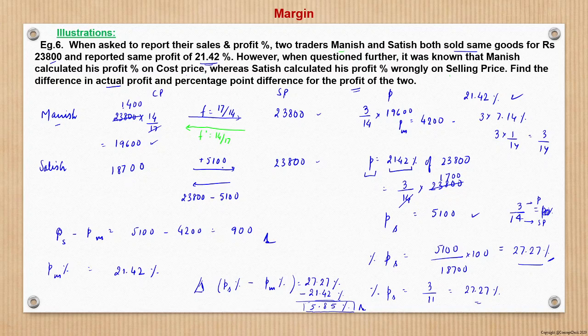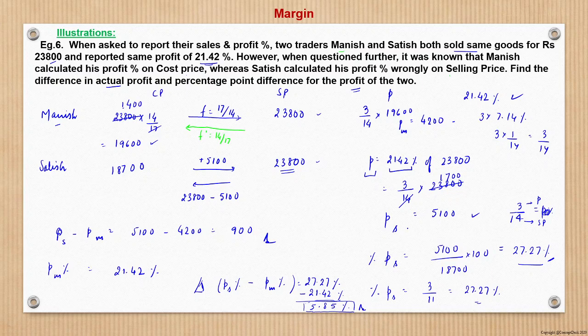Now similarly, here 23,800 is there, but this 23,800 is not 1 plus profit times, because here the profit he has not calculated over CP, rather upon SP. So 21.42 is 3 by 14 of 23,800, right? That gives the actual profit by Satish as 5,100, and this is the correct profit.